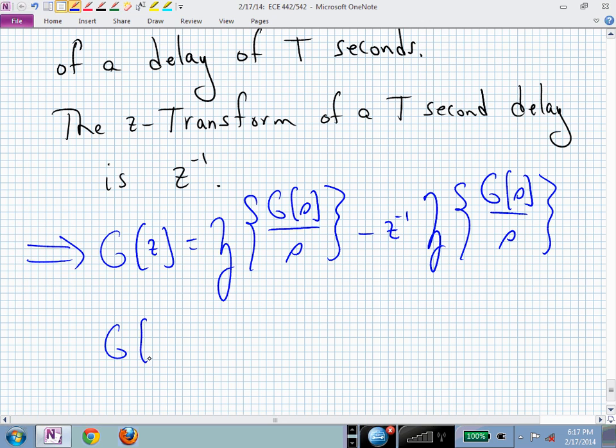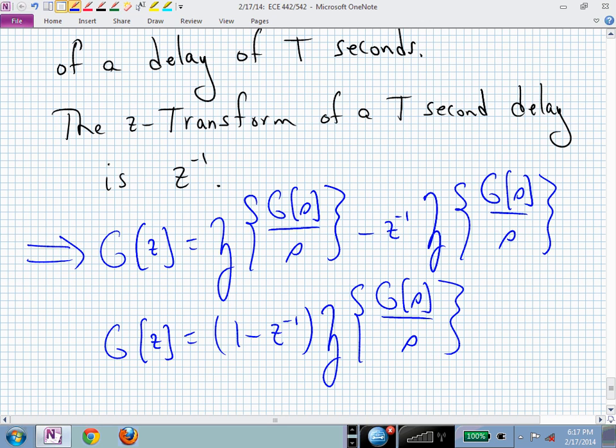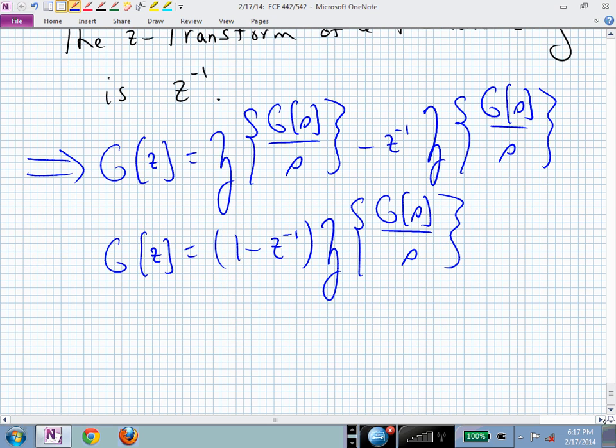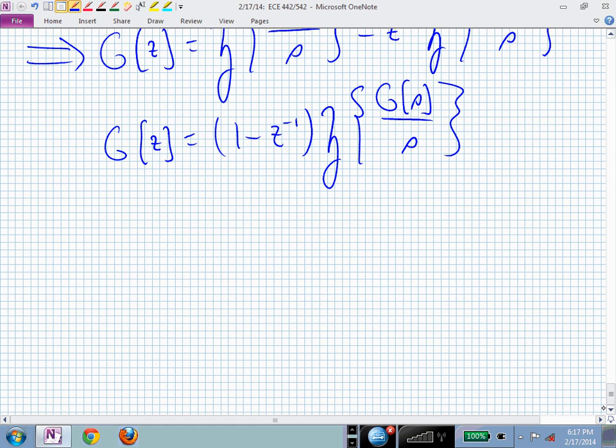So that now capital G of z is 1 minus z to the minus 1 z transform of G of s over s. We've derived it. We don't have to rederive it.